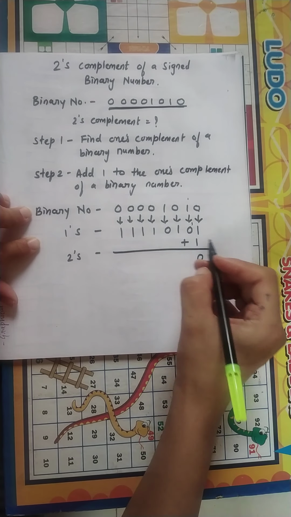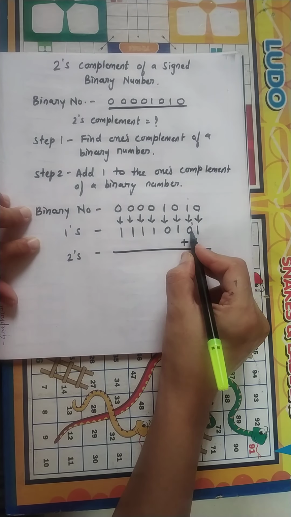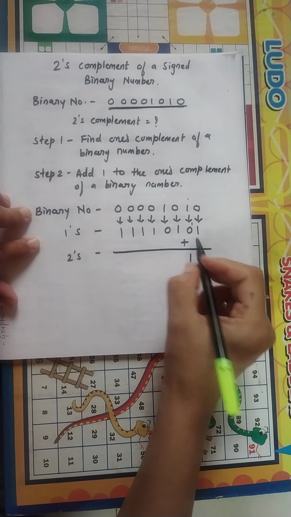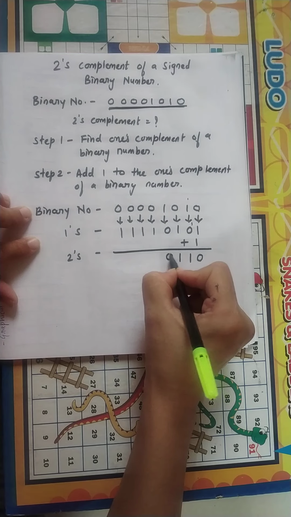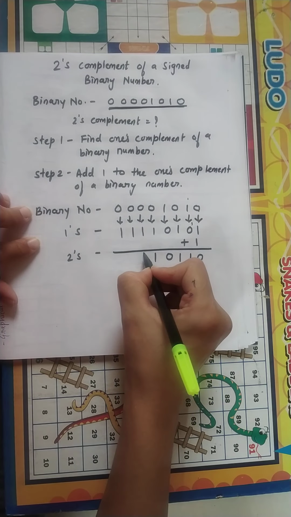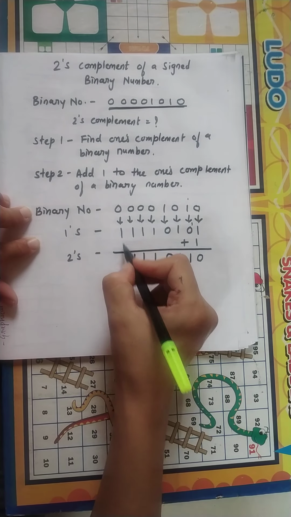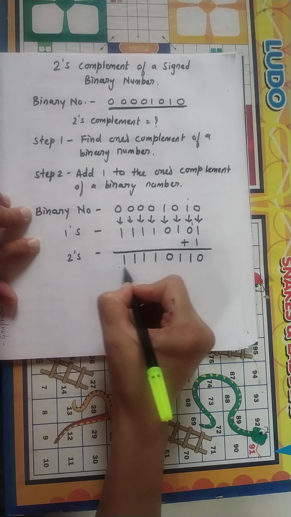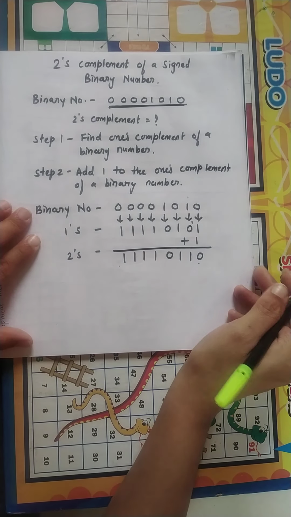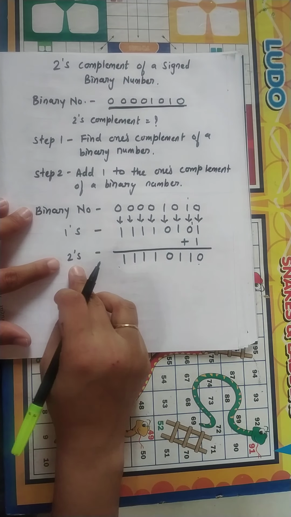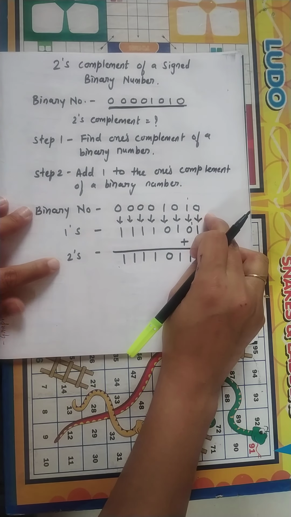Here the carry I will write 1. So now 0 is there, and the carry is 1, so here it will be 1, right? Then next, 1 is there, so 1. 0 is there, 0. Then 1. Then it will be 1. Then 1. Then 1. So this is the 2's complement of this binary number, right?